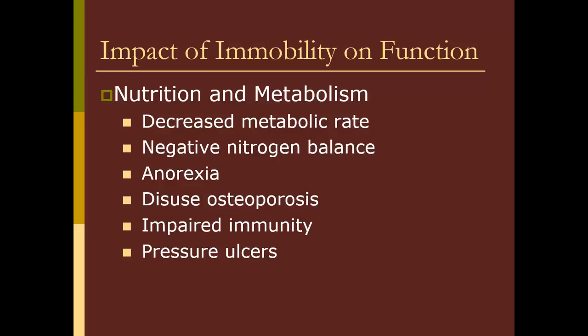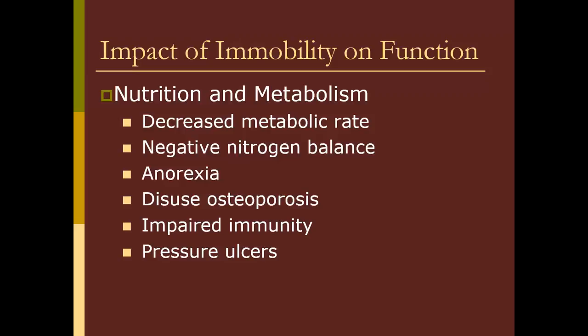Another area with major impact from immobility is in our nutrition and metabolism functional health pattern. With immobility, we see decreased metabolic rate and a negative nitrogen balance. Oftentimes, people become anorexic with immobility. With our long bones, as they are not weight-bearing because of immobility, we will see a disuse osteoporosis.